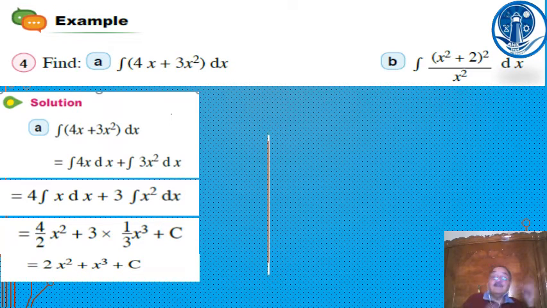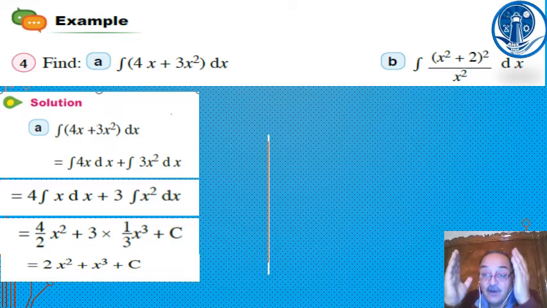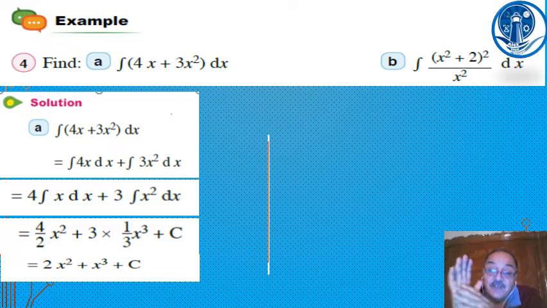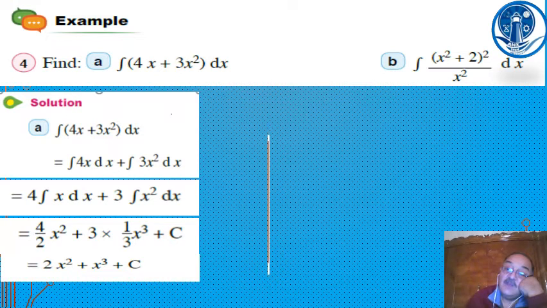Here we haven't that rule. There is no multiplication, there is no division. Remember that, very important. In integration, we haven't multiplication or division. What can we do? Can you help?